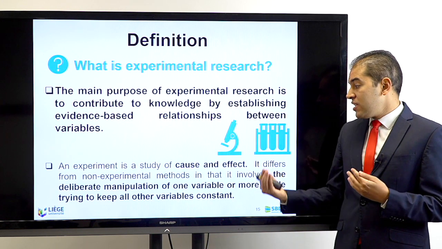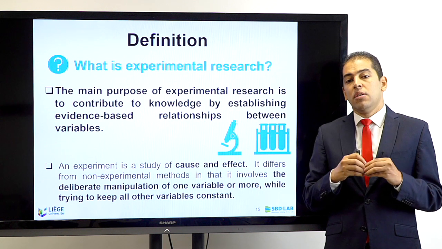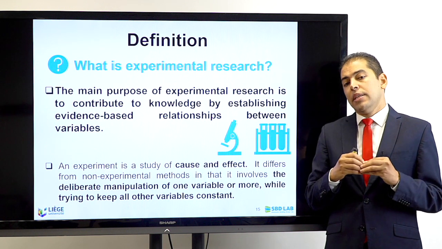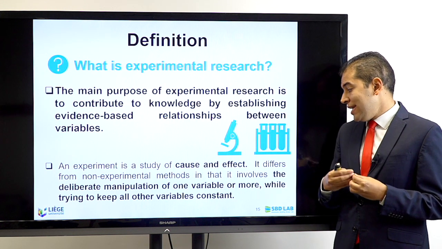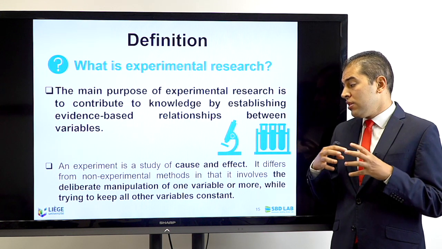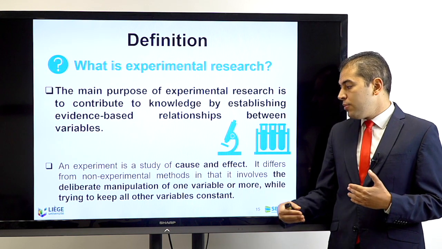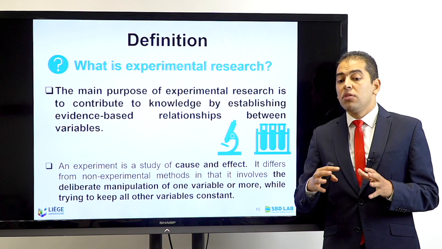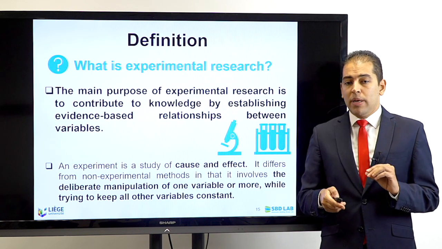Also, an experiment is a study of cause and effect. So the cause and the effect is strongly present in experimental research. It differs from non-experimental methods in that it involves the deliberate manipulation of one or more variables while trying to keep all other variables constant or under control. So this is very important to keep in mind when we define experimental research.